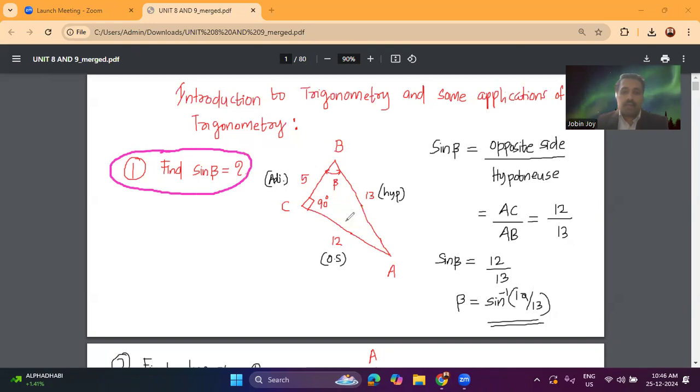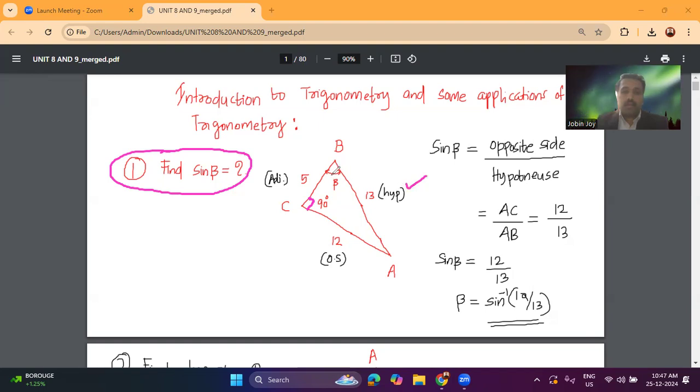Okay, so this is the right angled triangle ABC, where angle B is beta degree. You have to calculate sine beta. And this angle C is a right angle, 90 degree. If this is 90 degree, we know that the side opposite to this 90 degree is called a hypotenuse.